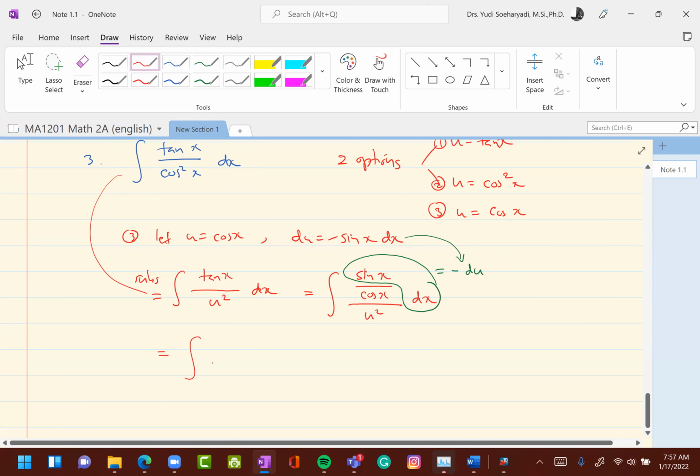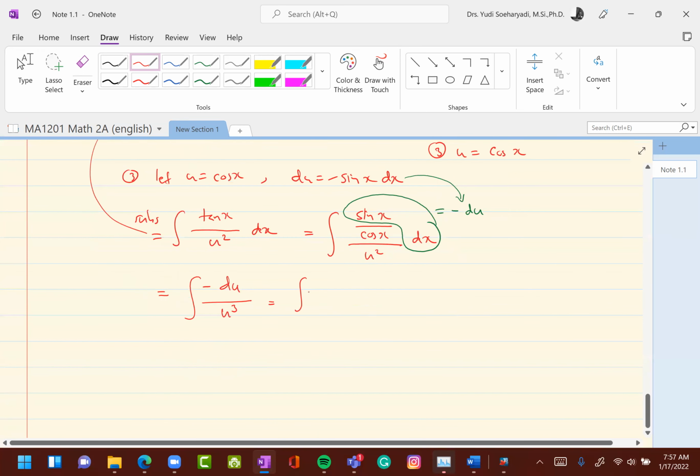You get here that's du, so negative actually. And there's another cosine, there's another u. So it works.